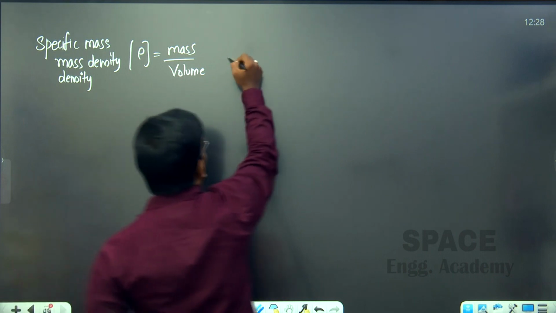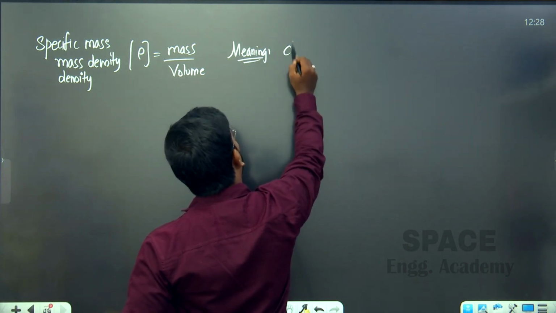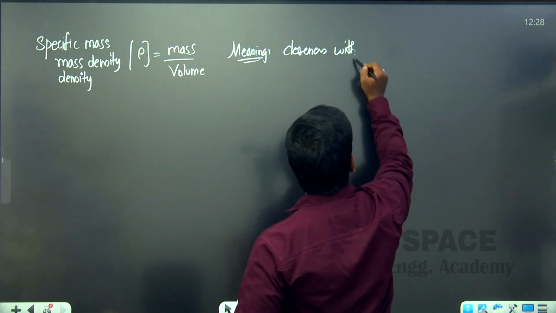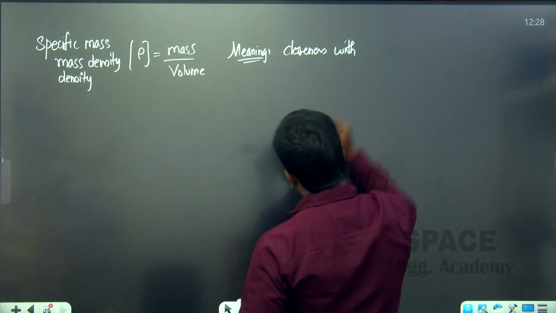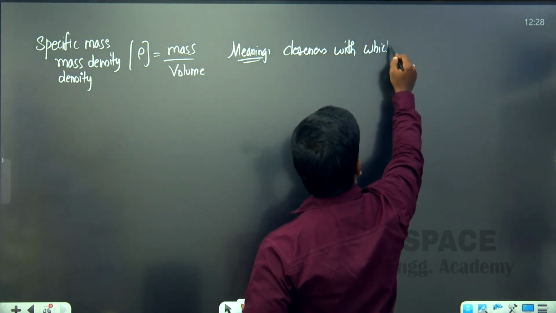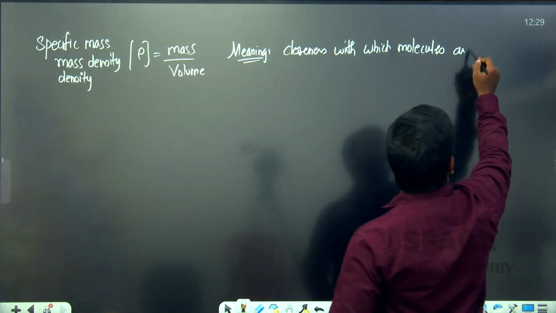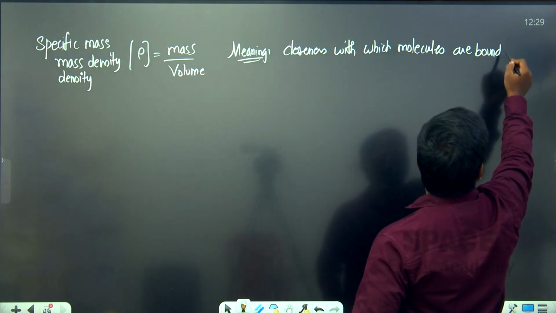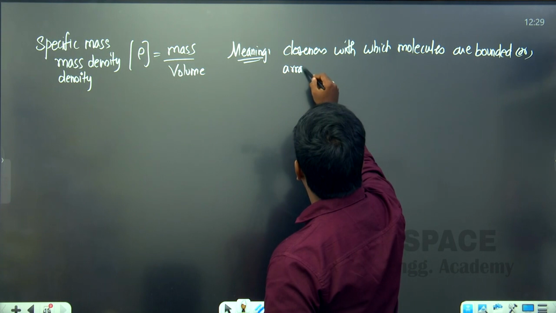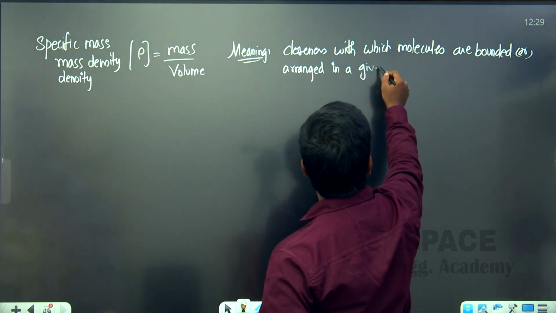If you see the meaning here, what is the meaning of density, sir? It is the degree of closeness with which molecules are bounded or arranged in a given volume.